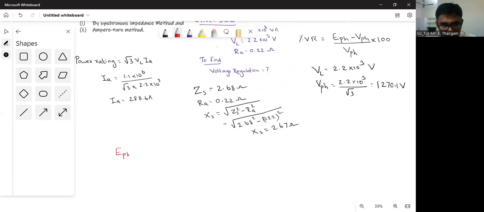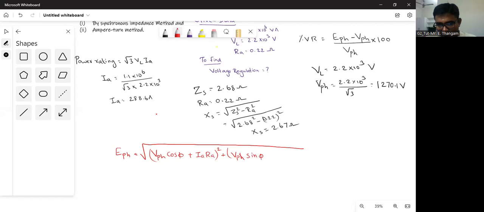E phase equals the root of (V phase cos phi plus IA RA) the whole square plus (V phase sin phi plus or minus IA XS) the whole square.